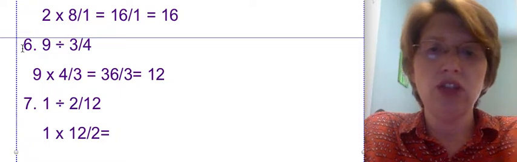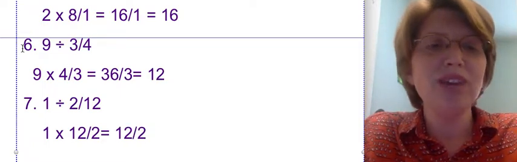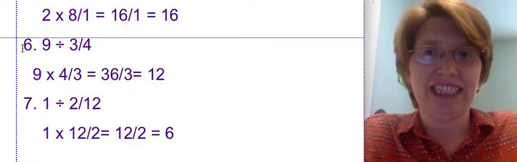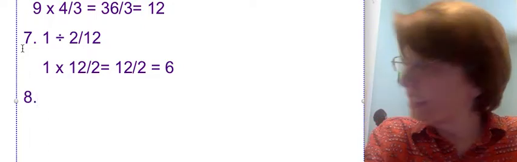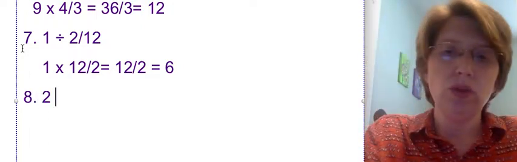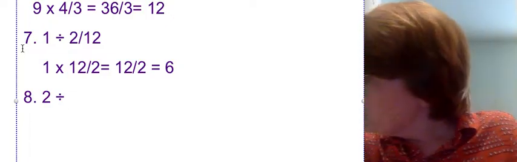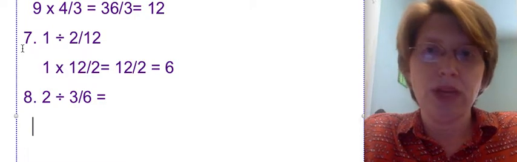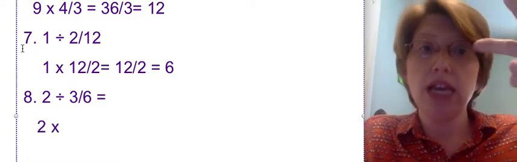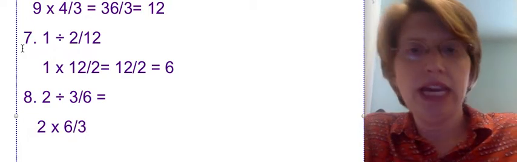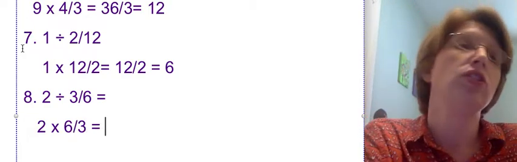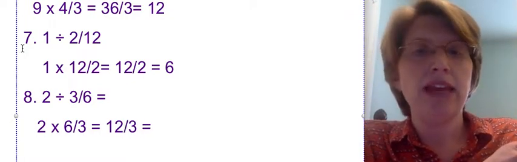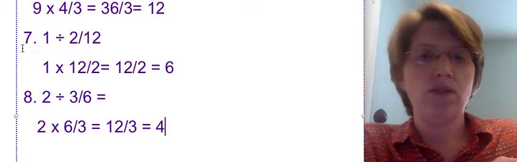Well, there's nothing to do there, right? 12 over 2 equals 6. 8. 2 divided by 3/6 equals, rewrite it. 2 times flip, 6 over 3. Now, multiply straight across. 2 times 6 is 12 divided by 3. And then if I work that out, I get 4.